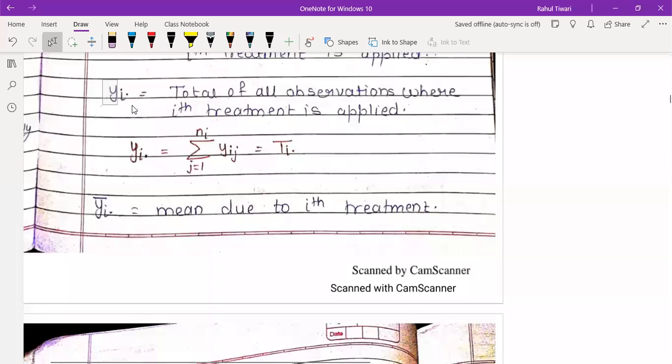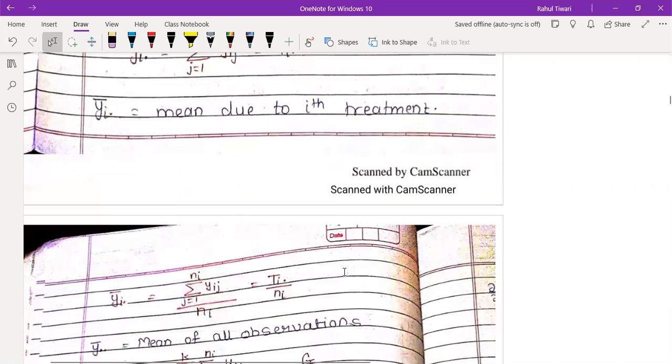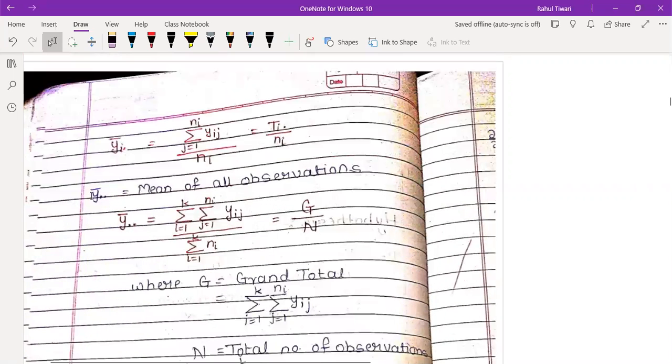Similarly, the mean due to ith treatment: how will we get it? Look at Yij, j running from 1 to ni, upon ni, that is Ti dot upon ni. This is a total, right? Total of your ith treatment upon ni. What about Y bar dot dot?